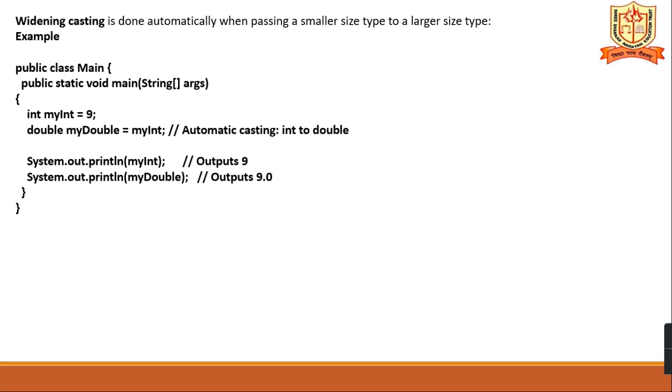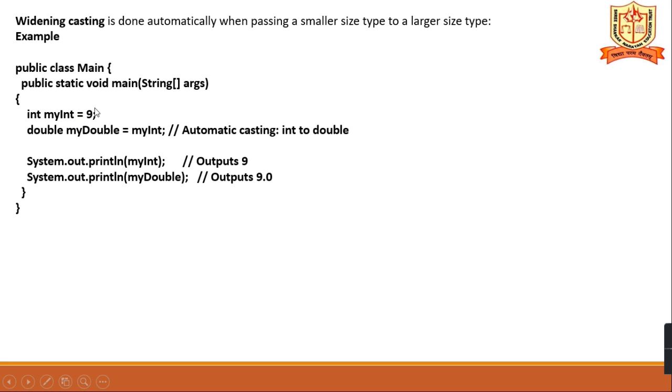So here widening casting is done automatically when passing a smaller size type to a larger size type. See the example shown here. The class name is Main, and inside the method we are declaring a variable of the data type int. What is the variable name? myInt equals 9, and this int we are converting into a double.